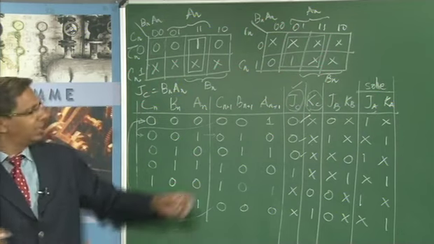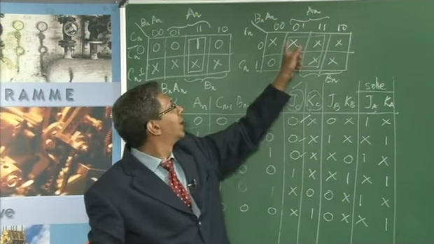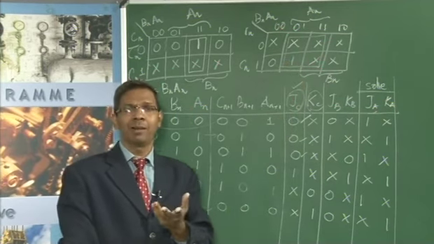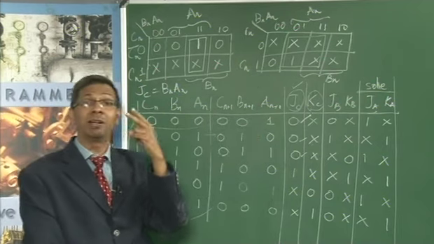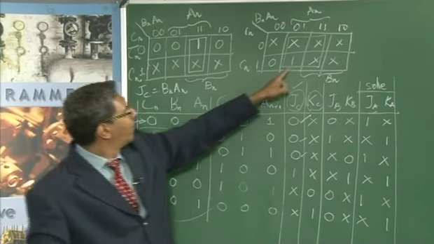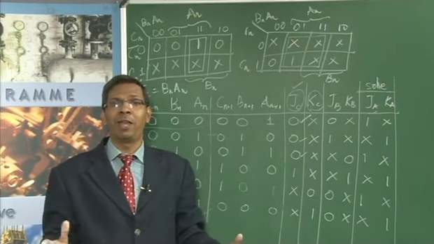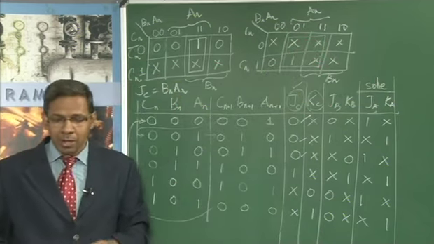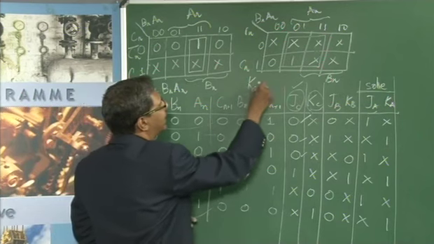Yes, I can. Why? Because all these are don't care. If I interpret them as 1, I will have 4 ones here. So if we group 4 of them, which we call a quartet, this was a duplex, that was a quartet, I will be able to eliminate 2 variables. Now what does this box belong to? This box belongs purely to An. Why? Because both these columns belong to An. So I can straight away say my expression for Kc is An.